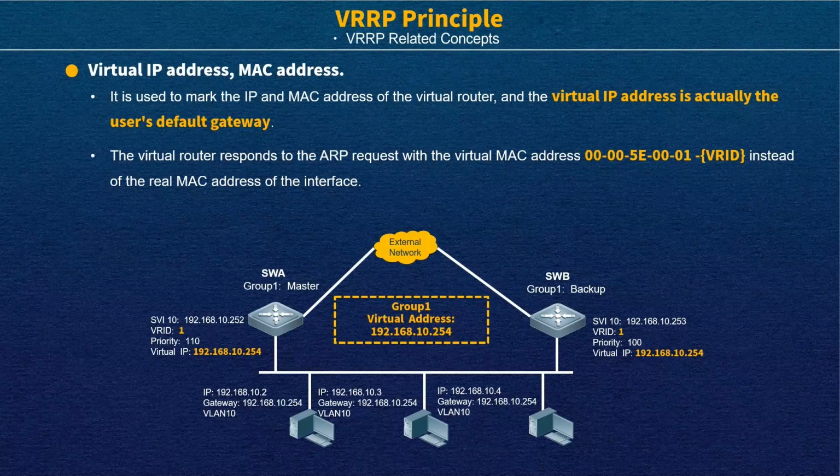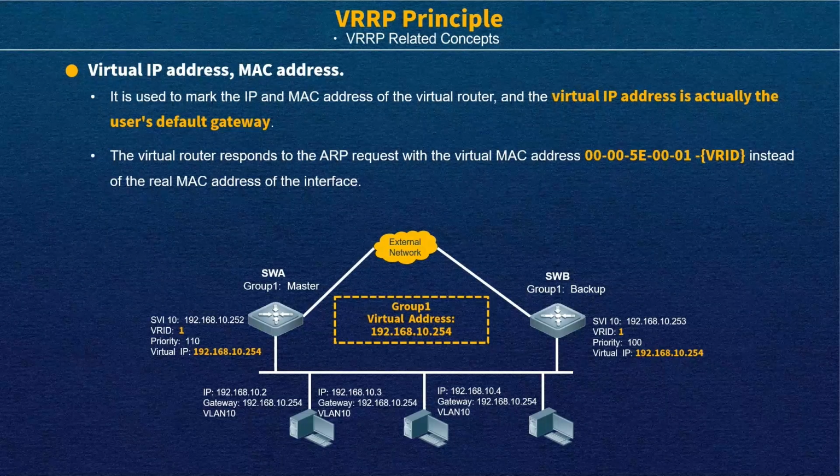So if you use the virtual MAC address, although maybe switch A is the master, I will apply the virtual MAC address to all terminals, right? If switch A is broken, switch B becomes the new master. Because we have the same VRID, when I apply the virtual MAC address, it is the same as what switch A sent out.